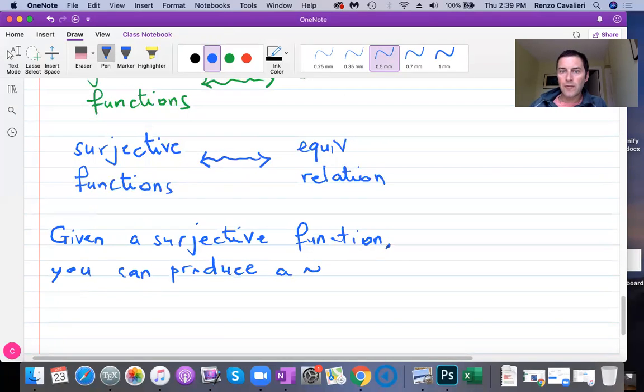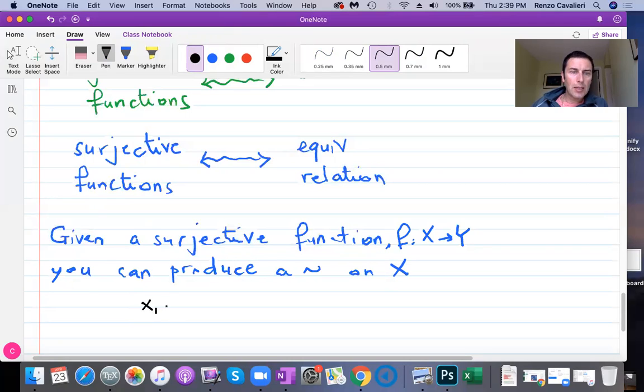So let me say surjective function f from x to y. You can induce an equivalence relation on x. How do we do it? You just define x1 equivalent to x2 if and only if f of x1 is equal to f of x2.